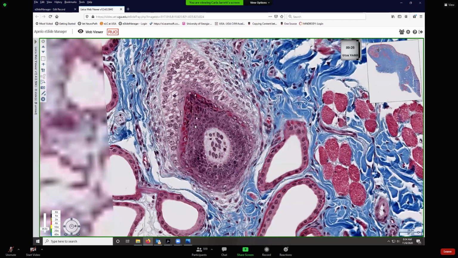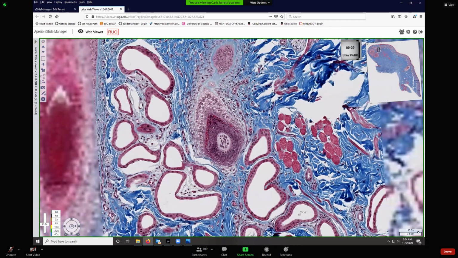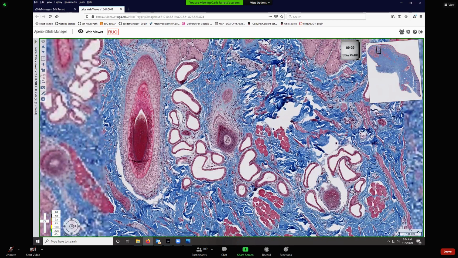Then this area here and here will give rise to hair cortex. And then out here will be continuous with the inner layer of the inner epithelial root sheath. And out here will be continuous with the external epithelial root sheath. So it's a way cool way to make a hair.